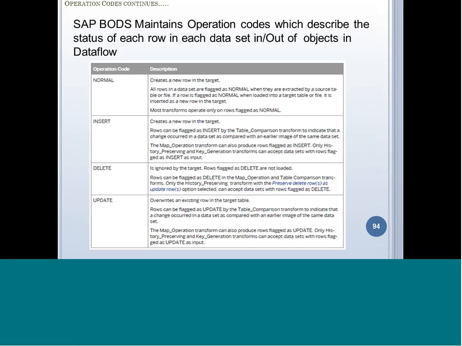Similarly, for an insert, the rows that go through the table comparison will be called an insert flag. So if anybody asks you what operation codes the table comparison generates, your answer should be that by default it generates insert and update.